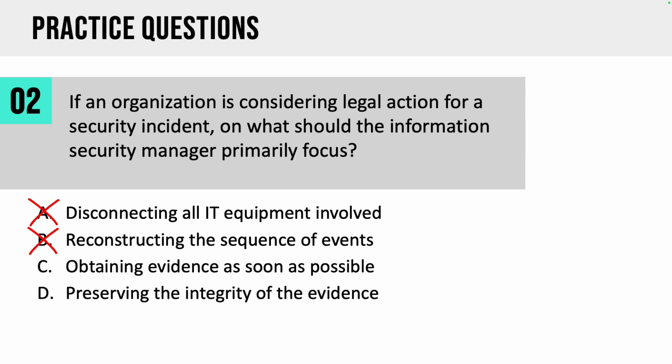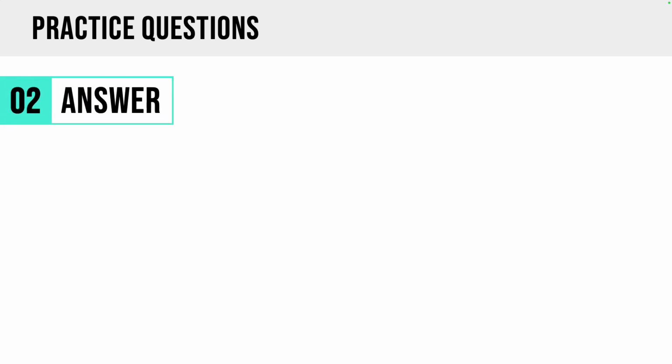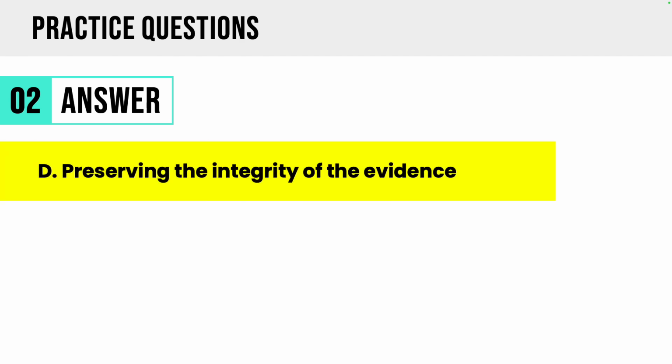We also have to remember role-appropriate answers here, right? So the answer in this case, obtaining evidence as soon as possible or preserving the integrity of the evidence. So think about the role of the information security manager as we've discussed it. And the answer here is D, preserving the integrity of the evidence.